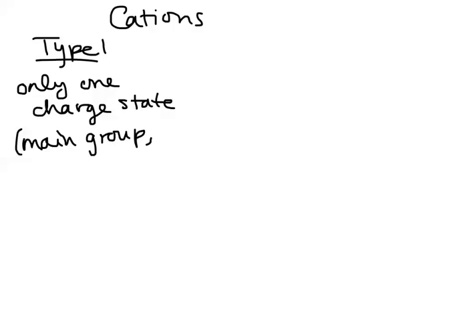So Ag+ and Zn2+, and then also NH4+. So these are the cations that can only have 1 charge. And if they can only have 1 charge, do we have to tell the charge? No. So we don't have to say the charge.